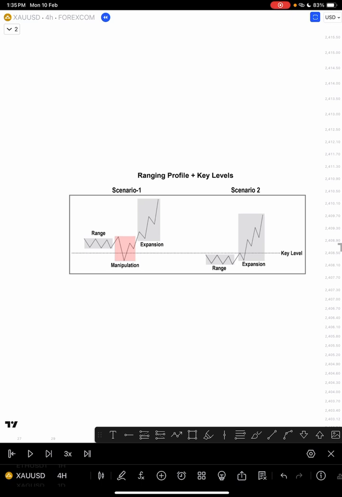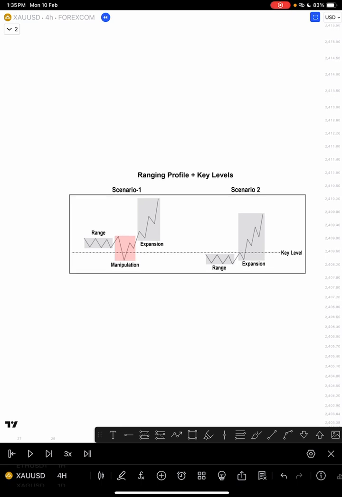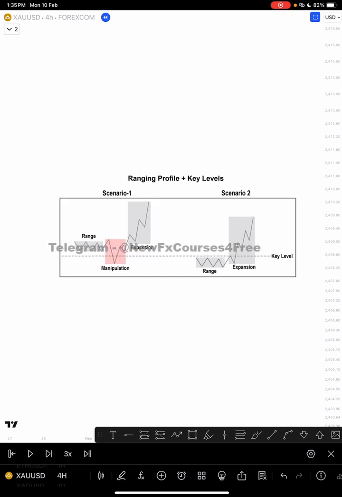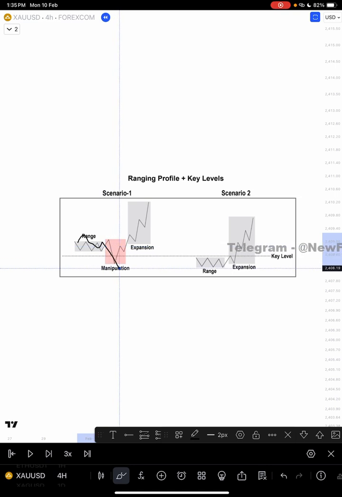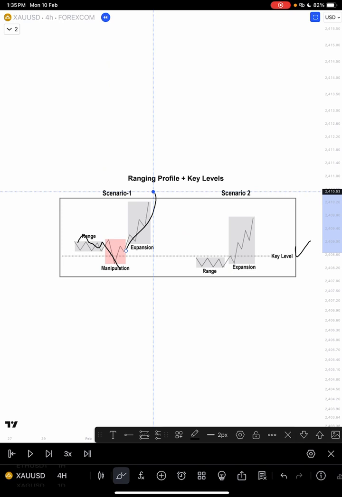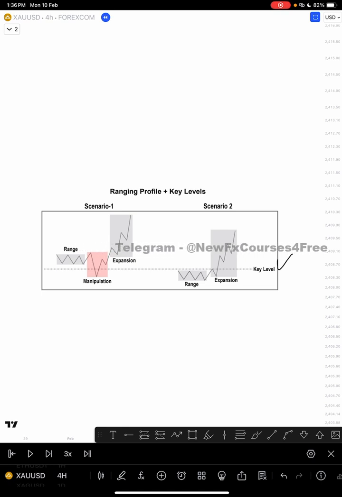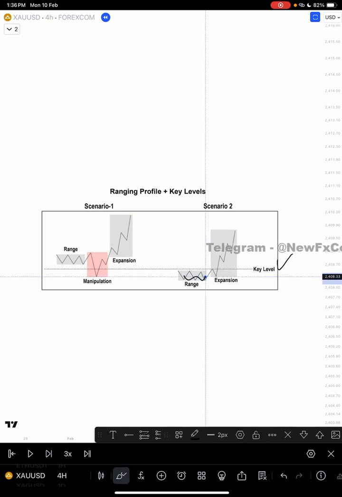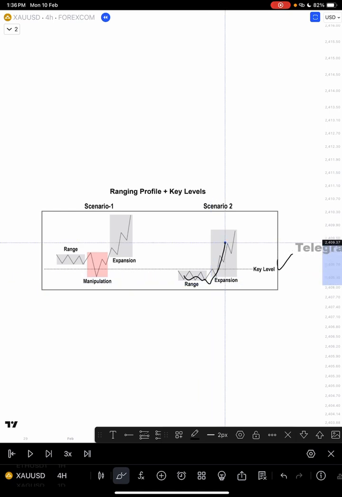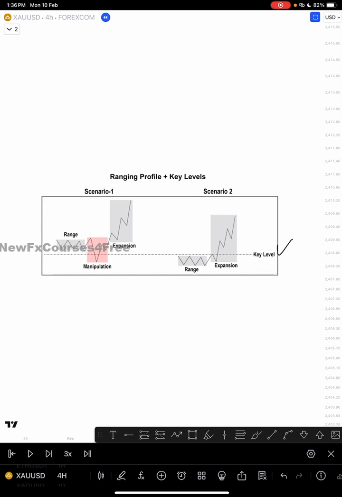So here we got some ranging profile and key level. You got the first scenario: you got your range, manipulation into your key level, then expansion higher. And your second scenario, you got your range and expansion out higher.